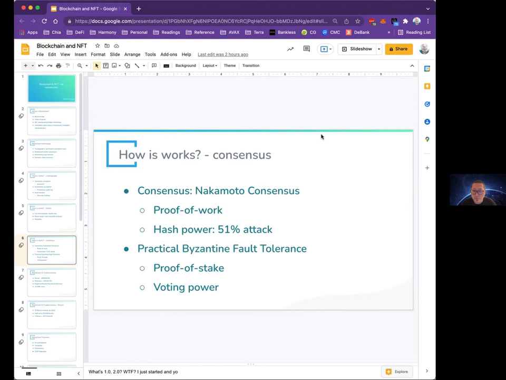But of course, those miners can create a cartel and try to control more than 50% of the hashing power, and then try to fork the network. It has happened a few times before.